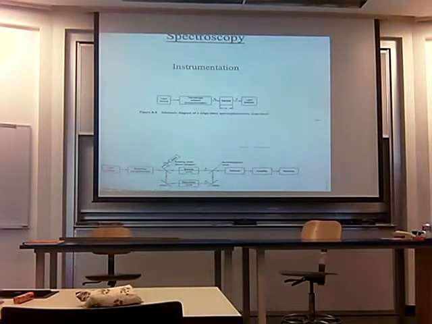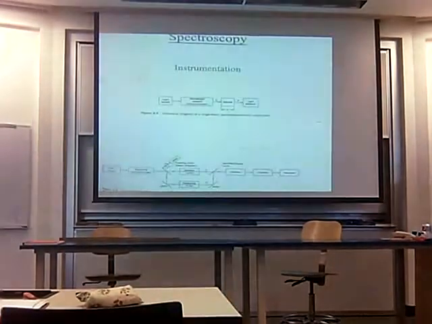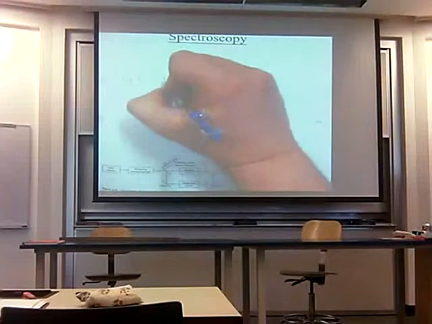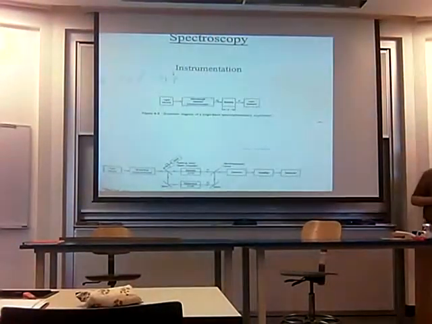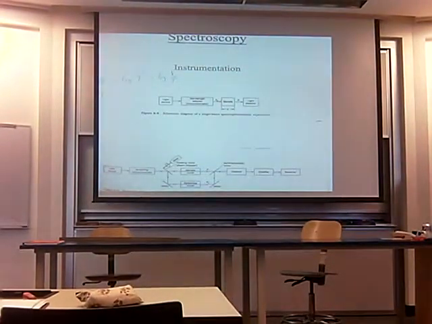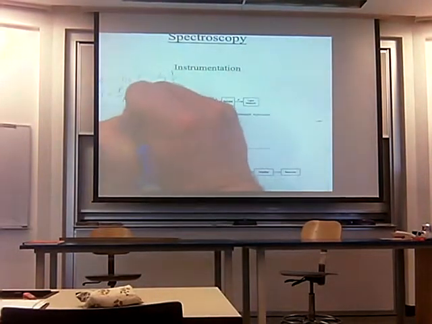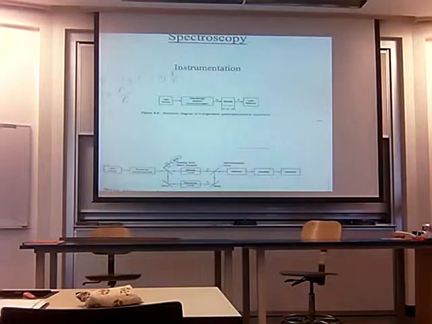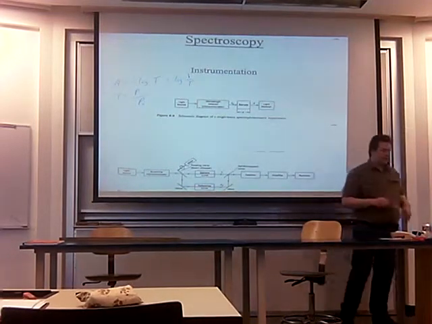And absorbance is the negative log of the transmission, or it's log of 1 over the transmission. Where the transmission is the amount of light that goes through a sample over the amount of light that impinges on that sample, that hits that sample. What fraction of the light that shines on a sample goes through the sample is called the transmission.